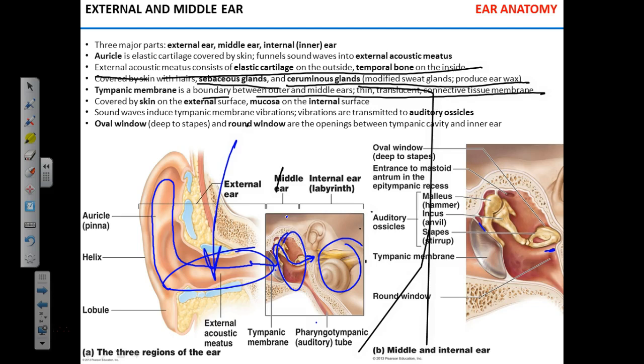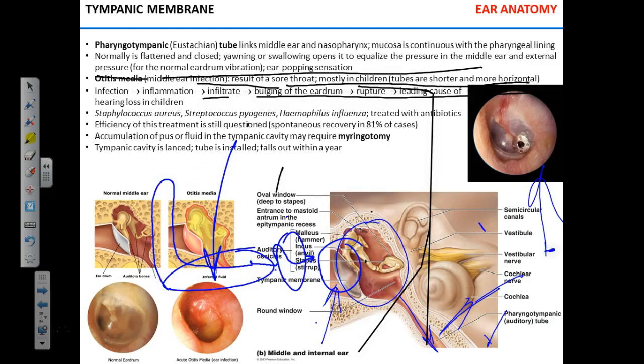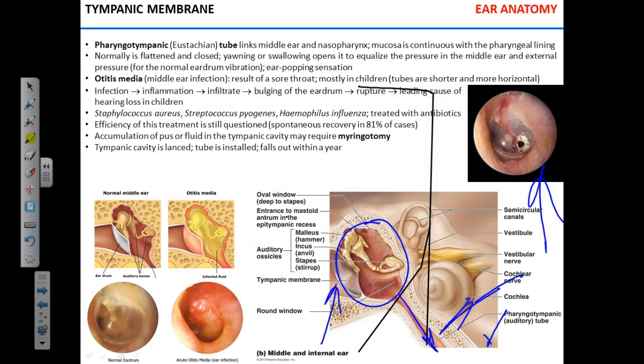The difference in pressure will actually put severe restriction on the membrane vibration because it will be more tense under the pressure. Does that make sense? By opening the Eustachian tube, we equalize the pressure here and make the membrane normally loose. Does that make sense?